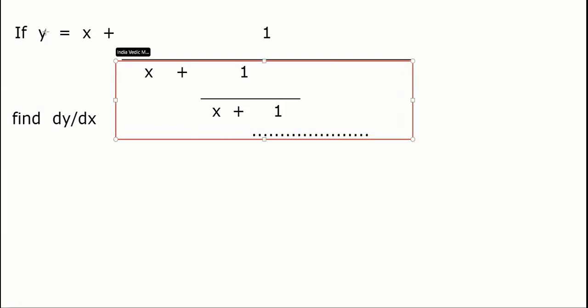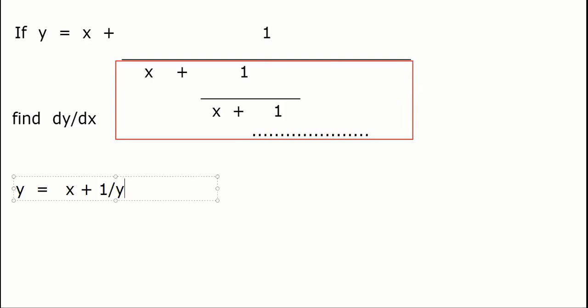Yes, sir. चलो स्टार्ट. ये पूरा रेड बॉक्स मेरा y है. तो y equal to x plus 1 over y.